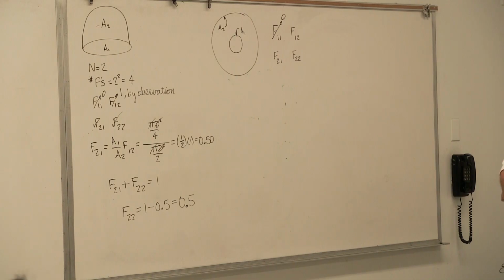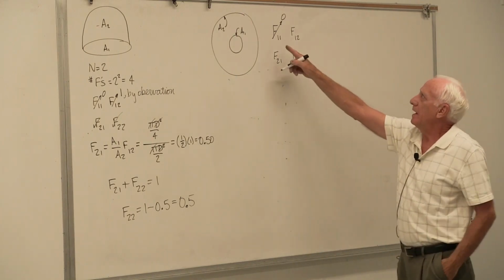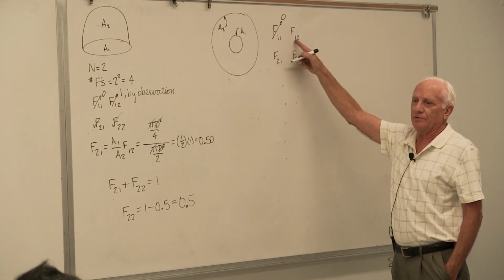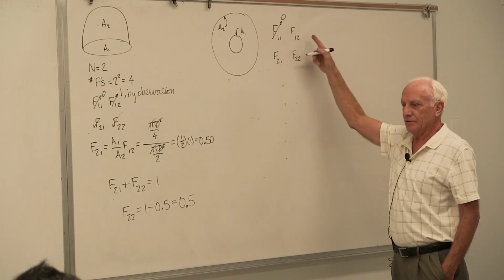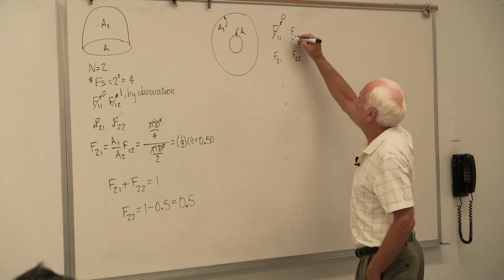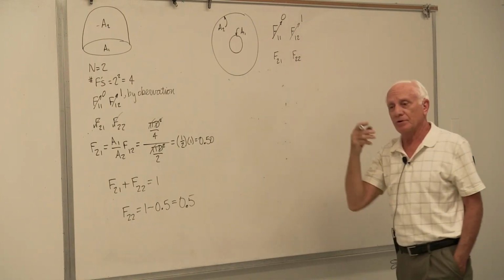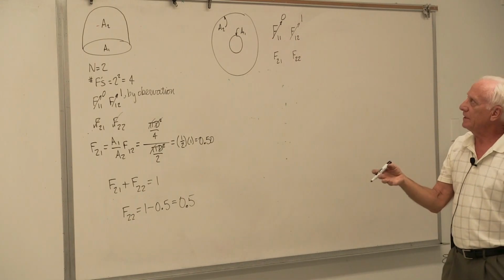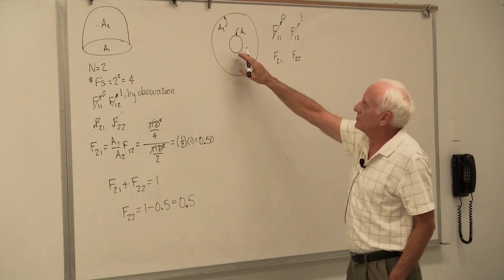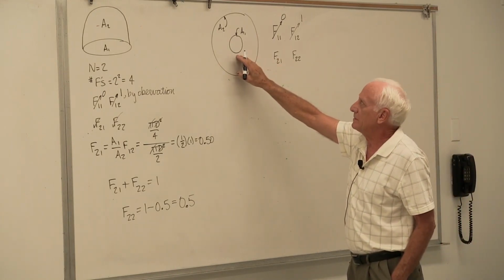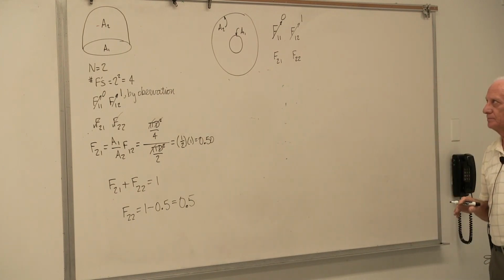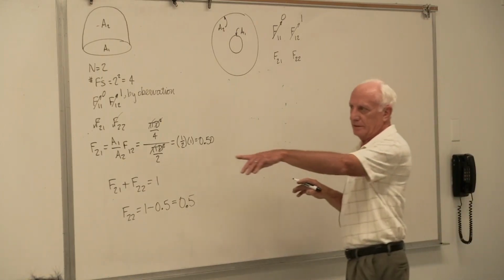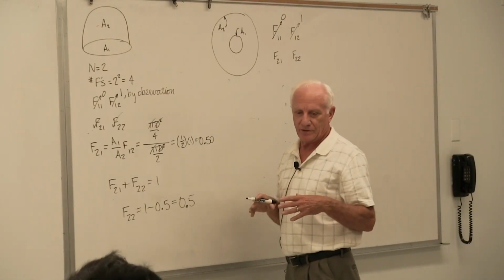Now comes the by observation. You don't have to. You can do the enclosure law: F11 plus F12 equal 1. Conclusion? F12 equal 1. Or you can say, if you want, by observation, all the thermal radiation leaving surface A1 ends up striking surface A2. Yeah, that makes sense. Now we're stuck until we use, okay, this is called view factor algebra.